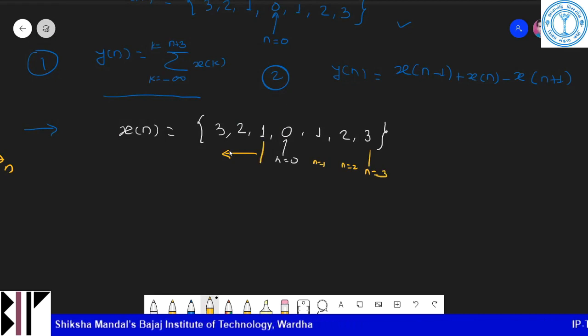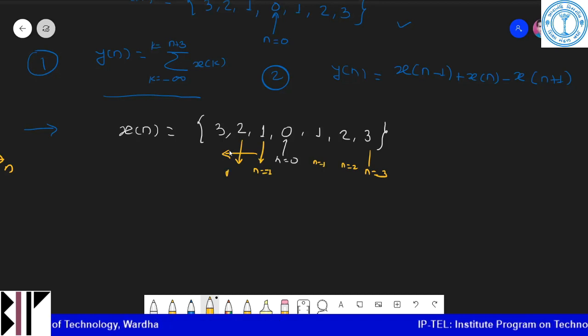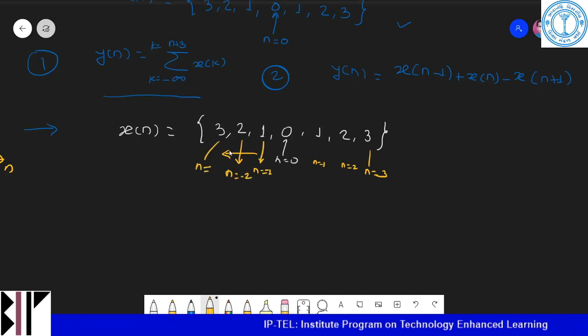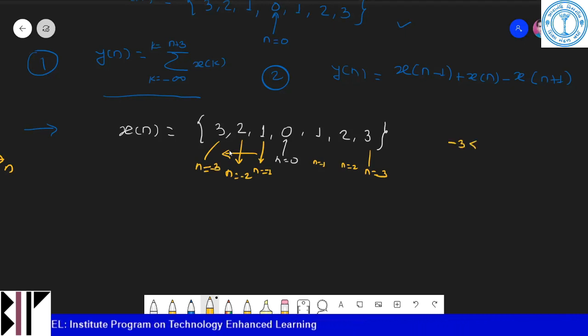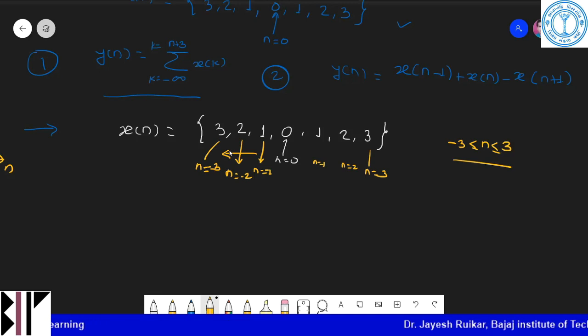What about this sample? This sample is at n equals minus 1, this sample is at n equals minus 2, this sample is at n equals minus 3. So we have x of n given from minus 3 to plus 3. This you have to remember.